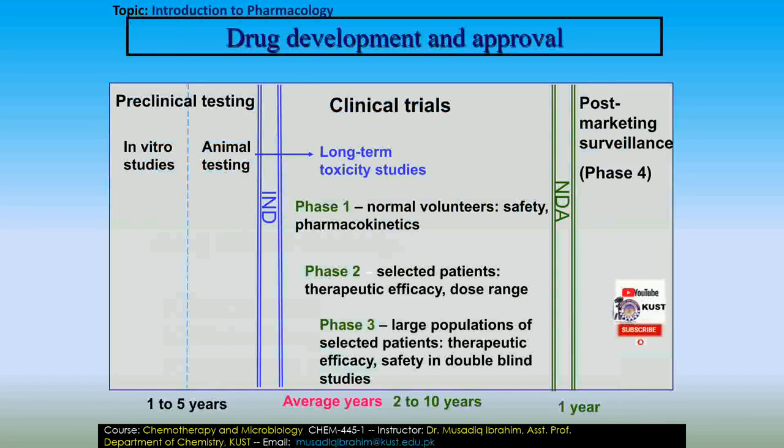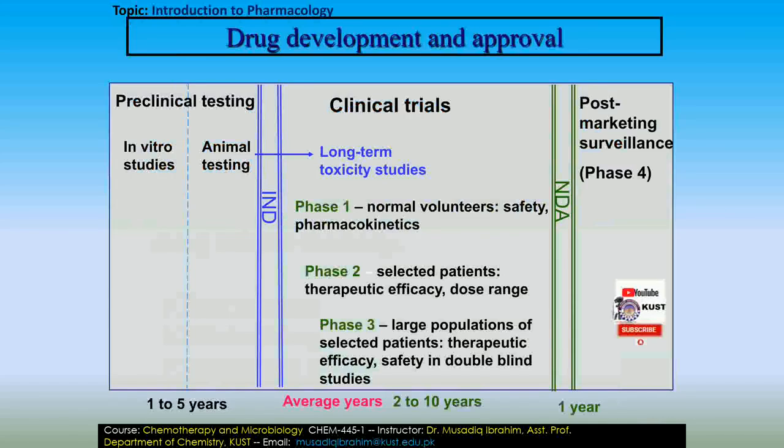Then phase 2, with selected patients, in which therapeutic efficacy and dose range are studied. And then phase 3, in which large populations of selected patients are taken in, and therapeutic efficacy and safety are studied in double blind studies. All of these are studied in clinical trials, and it takes about 2 to 10 years.